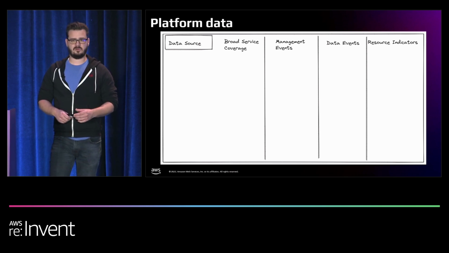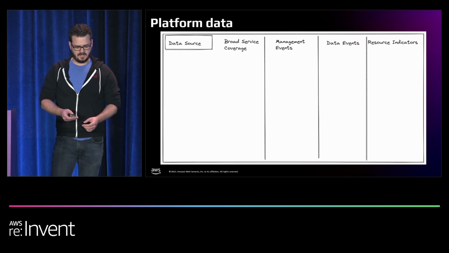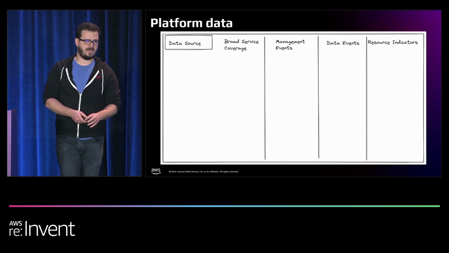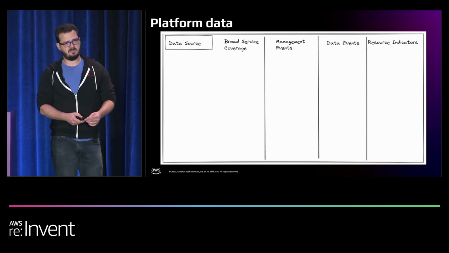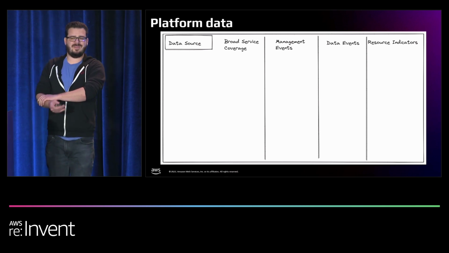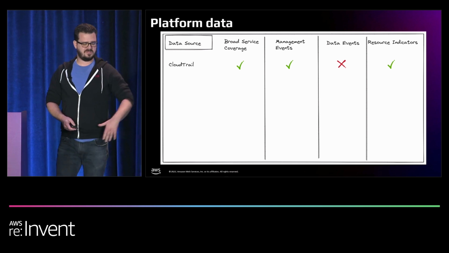An example being creating an SQS queue versus sending a message to an SQS queue. And finally, we needed resource indicators. We needed the actual resource ID, ARN, name, something that would let us uniquely identify that resource when looking at the entire Netflix environment.